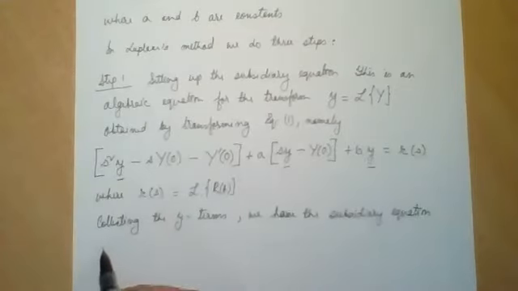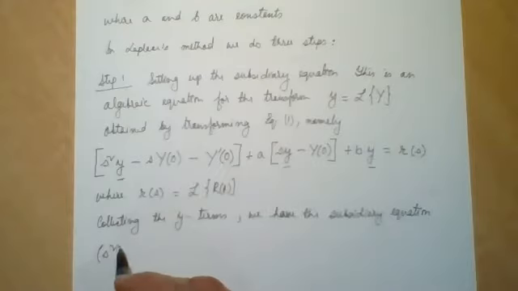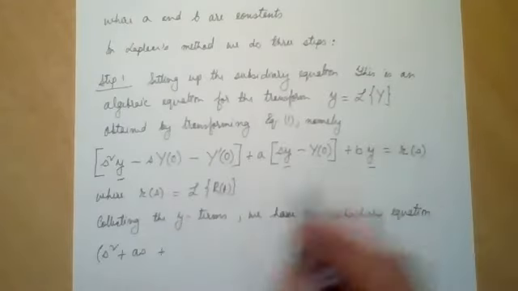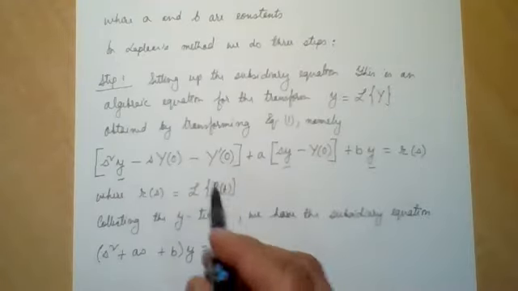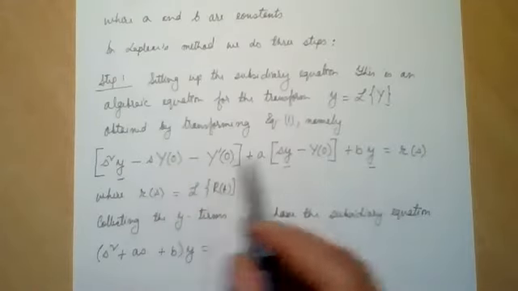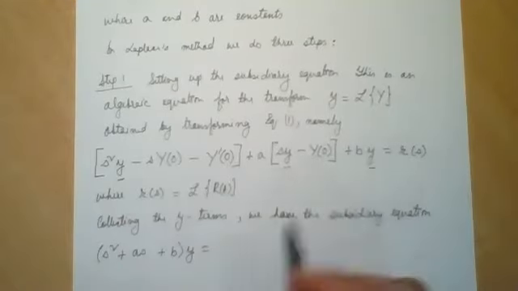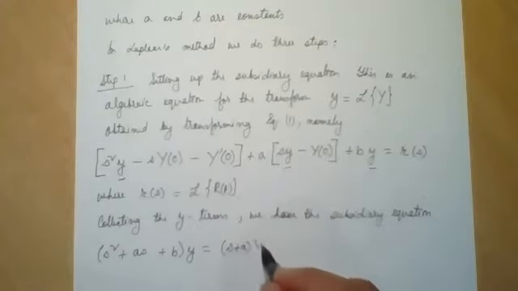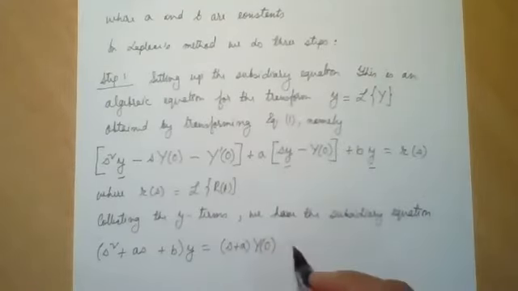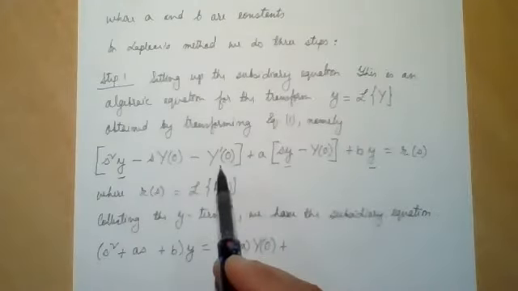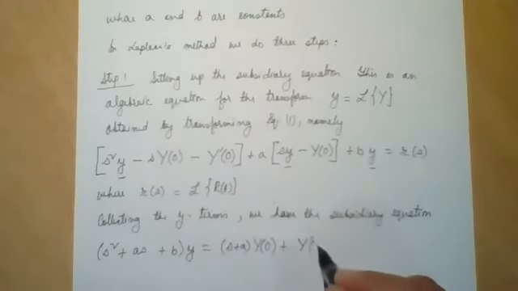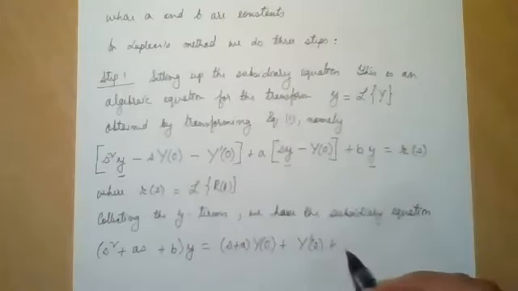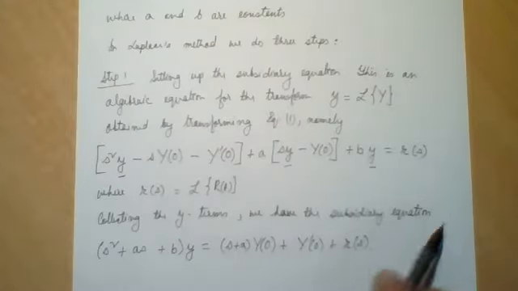And what is the subsidiary equation? The subsidiary equation is s square plus a s plus b, times y, is equal to s y(0) plus a y(0) on the right hand side, that is, s plus a times Y(0), plus y prime (0), plus this r of s.